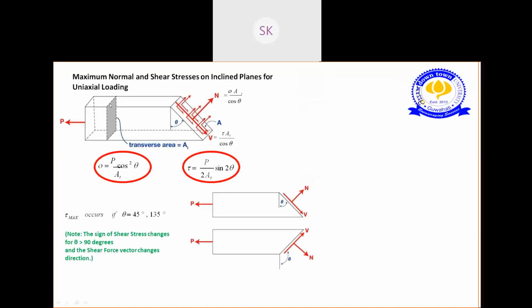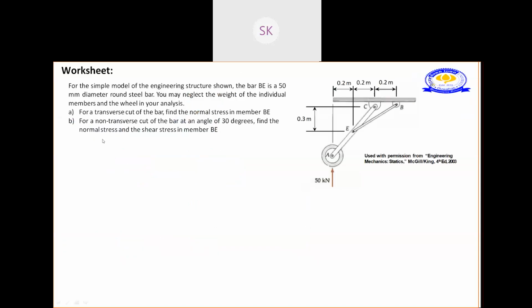See, consider this is your bar BE. If we cut that part, what will be your normal stress? If we cut that part at an angle of 30 degrees, what will be the normal stress and the shear stress in the member BE? Don't get confused with the whole structure.